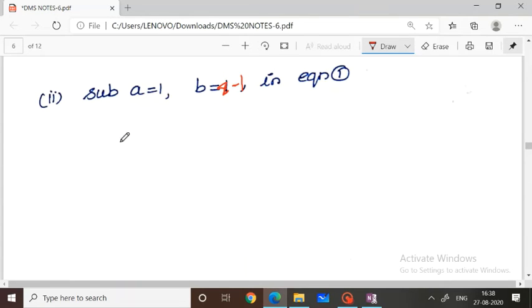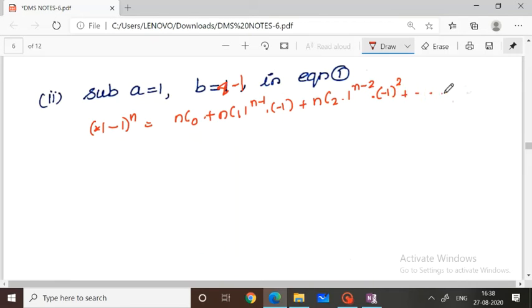So you will get on the left side, this term becomes (1 minus 1) raised to n equal to nC0 plus nC1 into 1 raised to n minus 1 into minus 1 plus nC2 into 1 raised to n minus 2 into minus 1 raised to 2 plus etc., plus nCn into 1 raised to 0 into minus 1 raised to n.